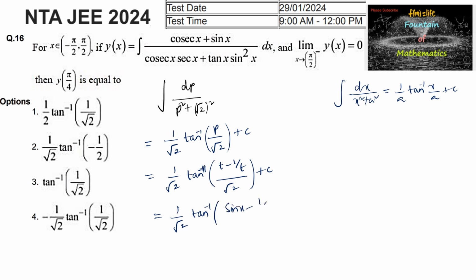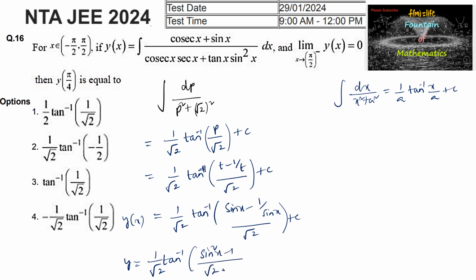So sin x minus 1 upon sin x upon root 2 plus c. This is y of x. That is, y is equal to 1 by root 2 tan inverse of (sin square x minus 1) upon (root 2 into sin x) plus c.